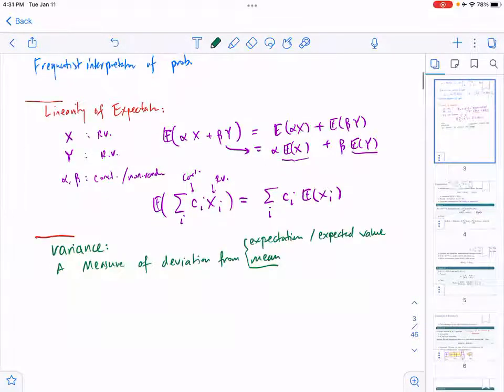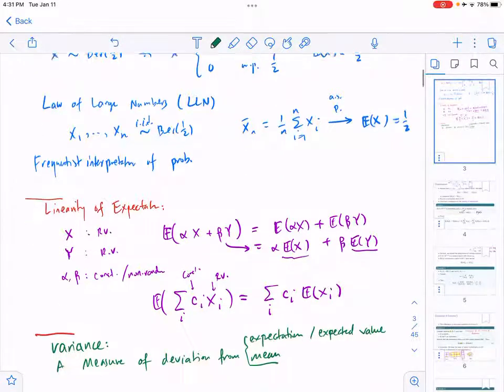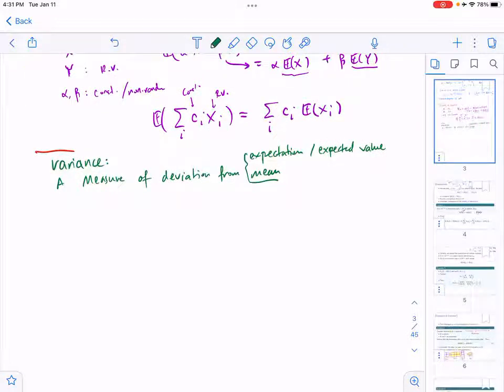Another name for it is the mean. It also brings to mind another meaning of expectation. So an expectation is sort of the center or mean of the distribution.